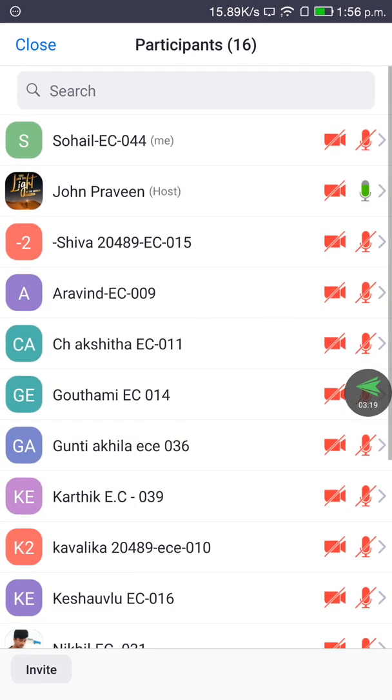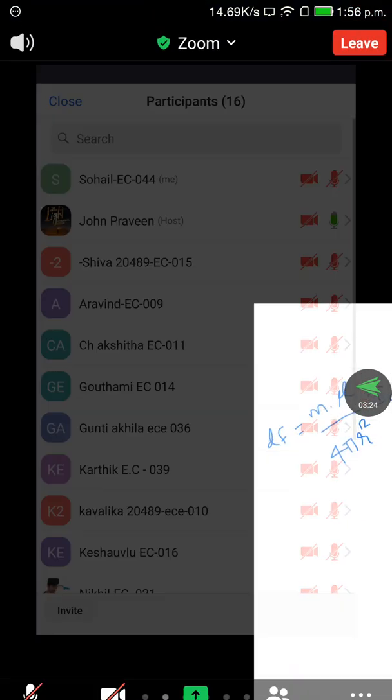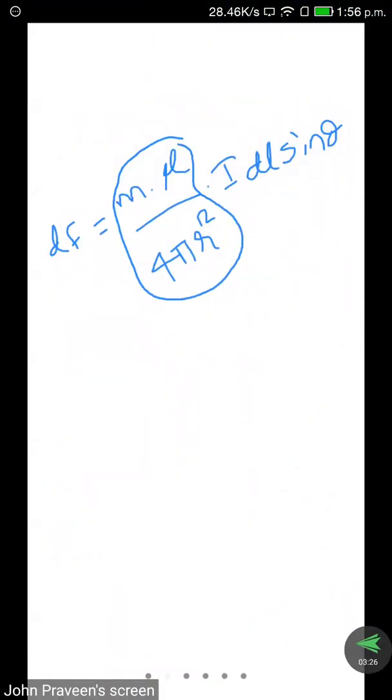In the previous case we discussed B is equal to mu into H. But here we assume this entire portion is equivalent to a field strength, which is nothing but the B value.